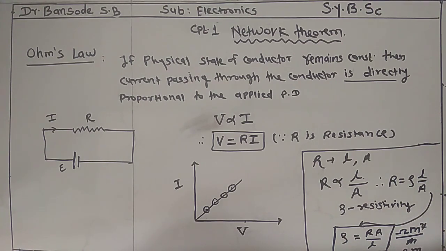How does it come? It is from this formula: rho is equal to RA by L. Resistance is measured in ohm, area is measured in meter square, length is measured in meter. Meter square and meter will get cancelled, and the remaining term is ohm meter. So this is the SI unit of resistivity.